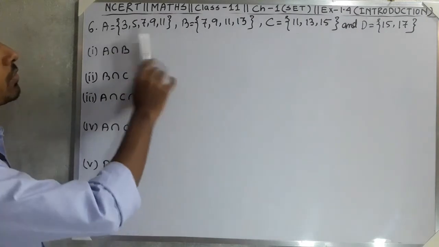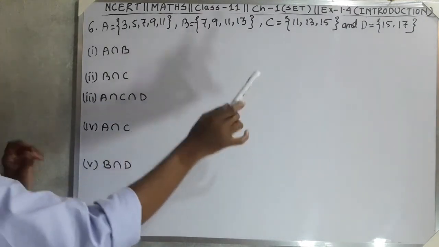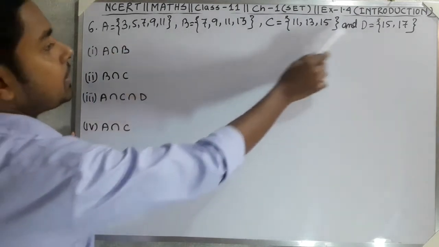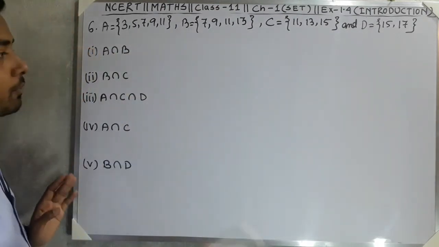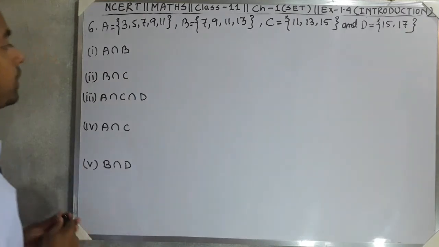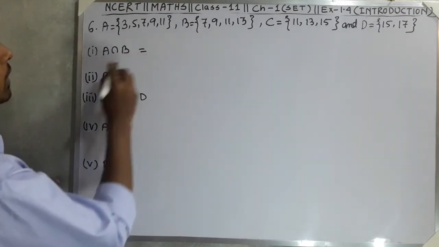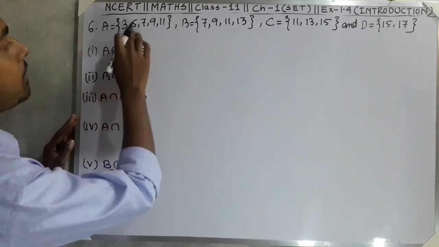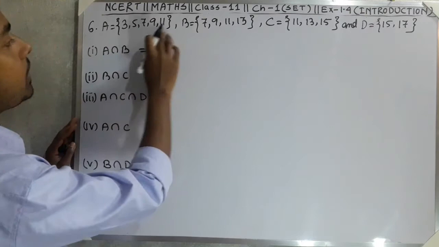Now question number 6 we have taken. Four sets A, B, C, D are given here, and we have to find out these sets. I have taken till question number 5 here. So first question, what do I have to do? We have to find out A intersection B. So what are the elements of A and B? These and these.